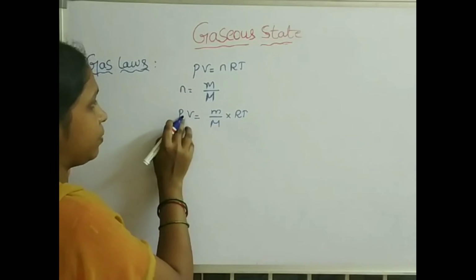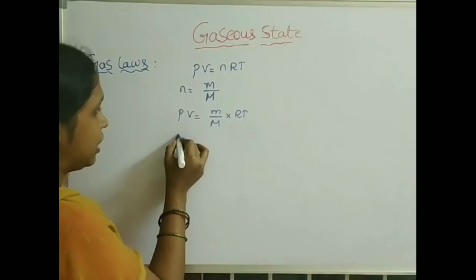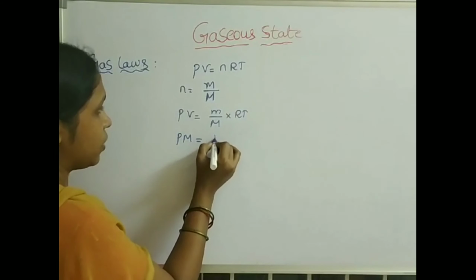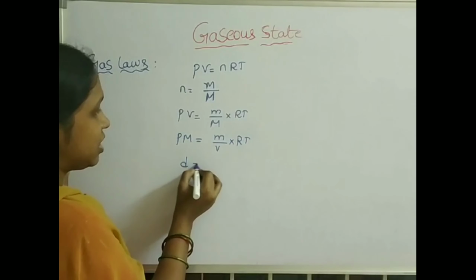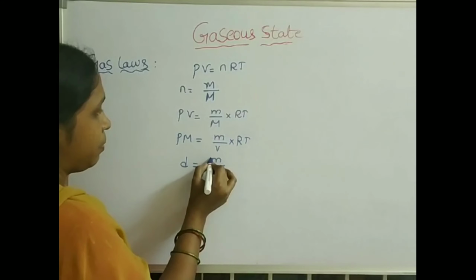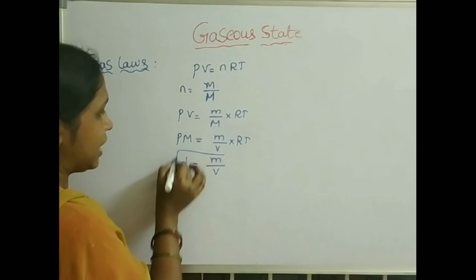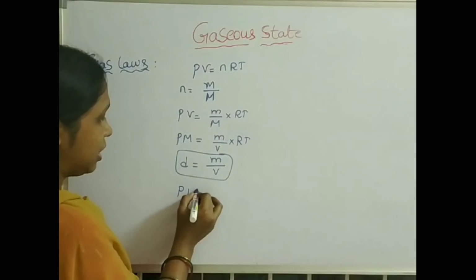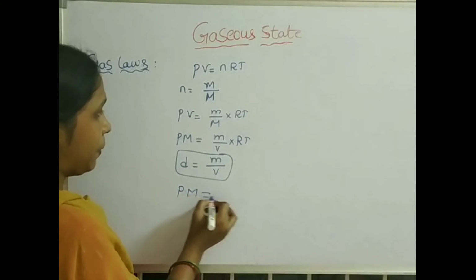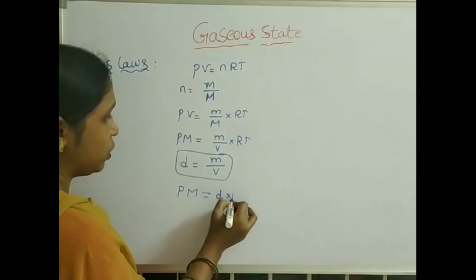Taking M this side and V this side, we get PM is equal to small m by V into RT. You know density has the formula mass of gas by volume of gas. So substituting the density in the above equation, we get P into capital M equal to density into RT.